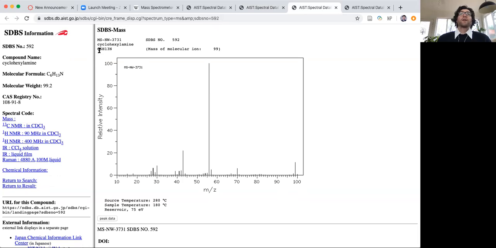So now there is an extra 16 mass units: 84 minus 1 is 83, plus the 16 from NH2 gives us 99.